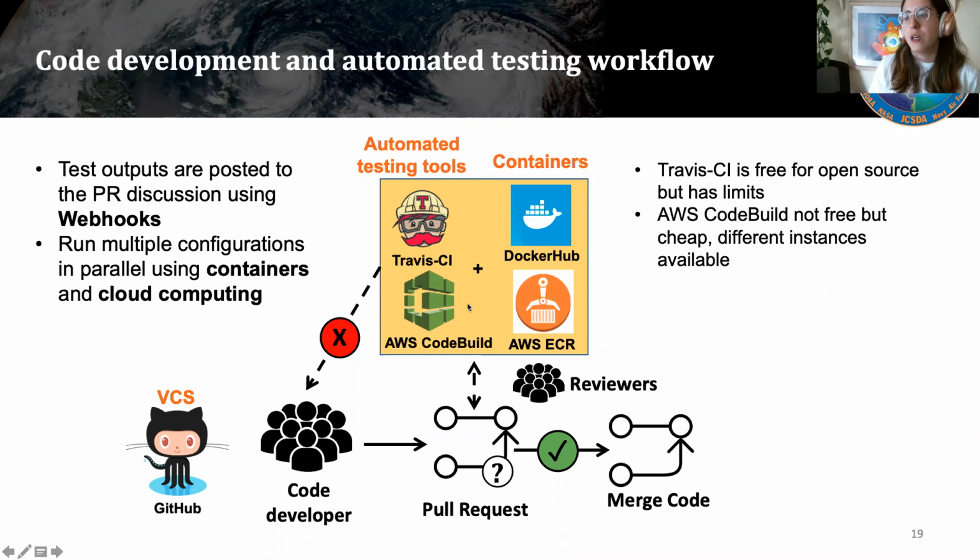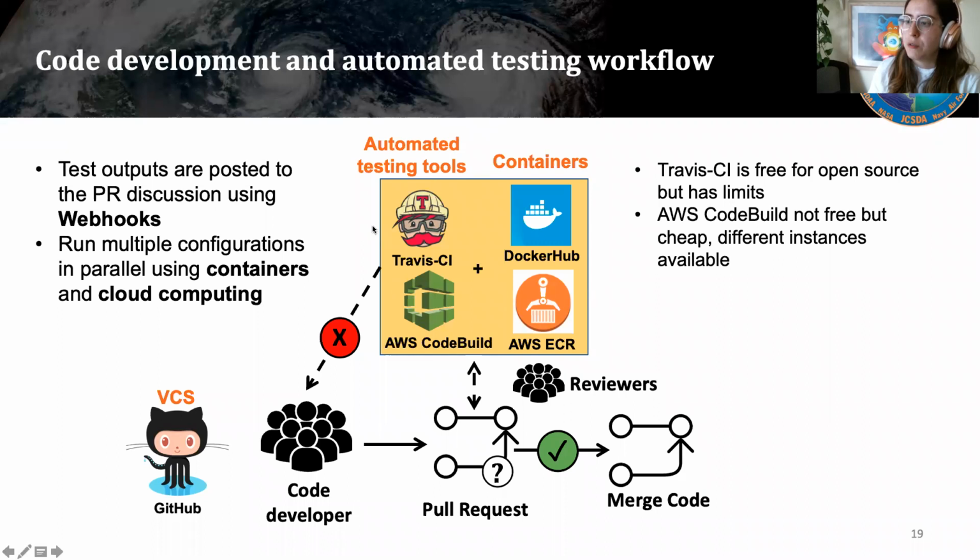After we run our tests using AWS Code Build or Travis CI, we post the test outputs to the PR page using webhooks. Using different containers, we can run multiple configurations and test the code in multiple environments. And because we are using cloud computing, we can run them in parallel, which makes it a lot faster.